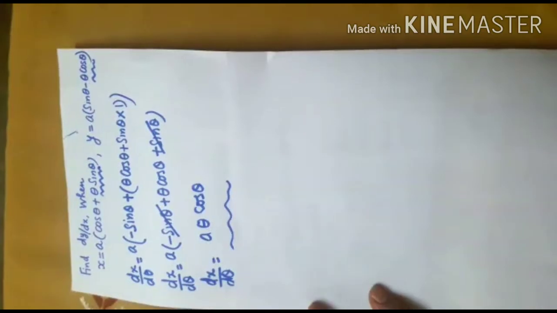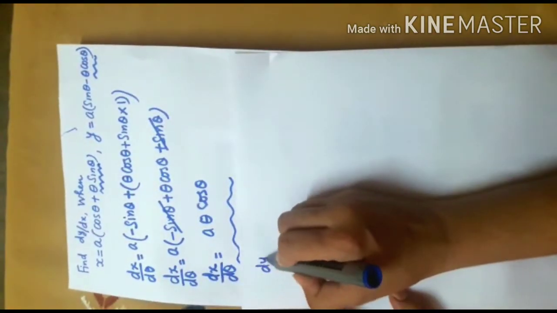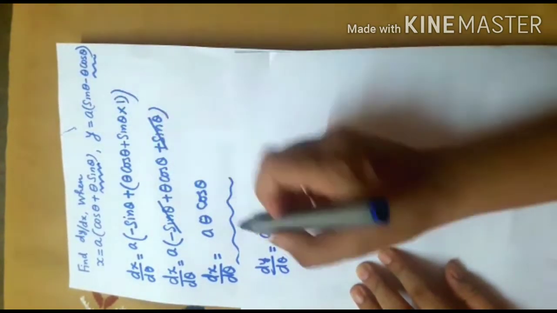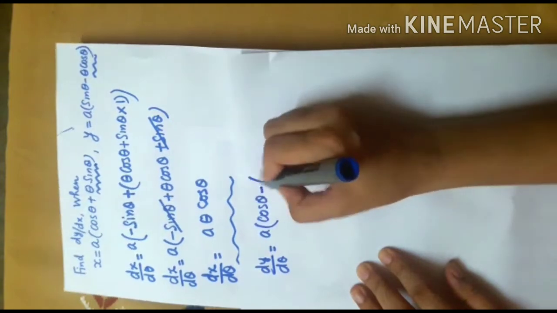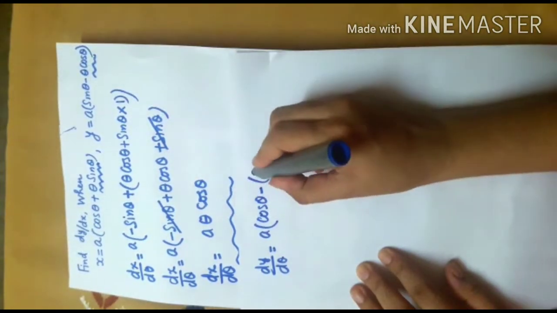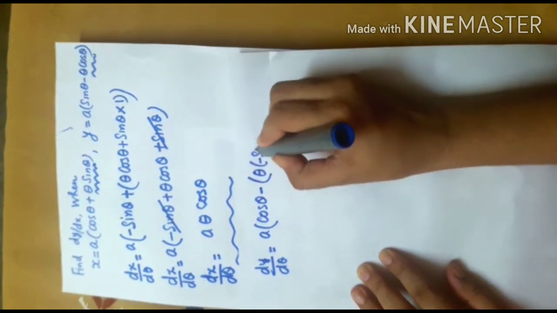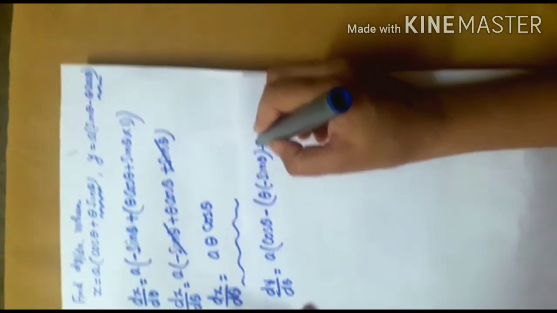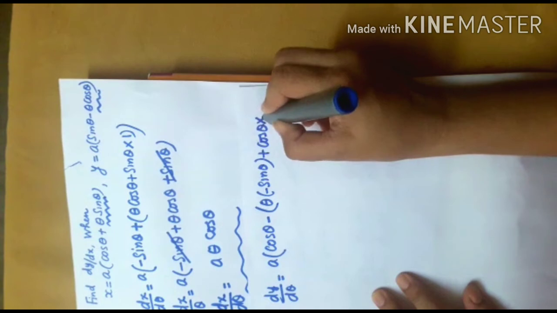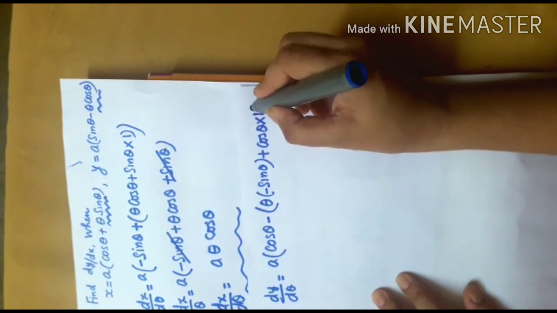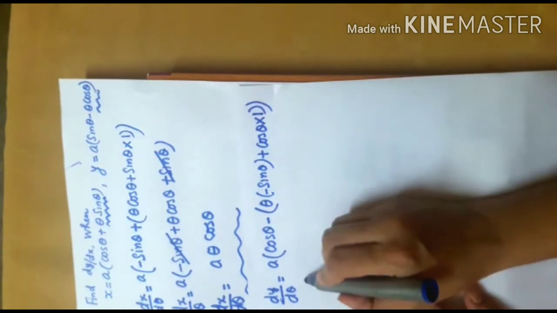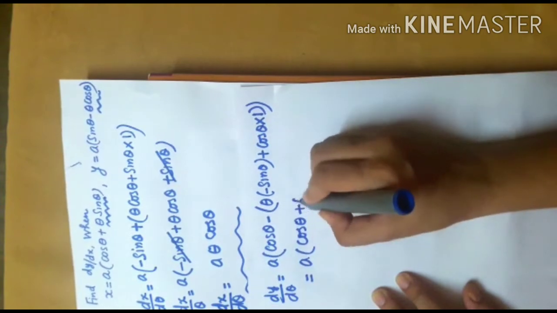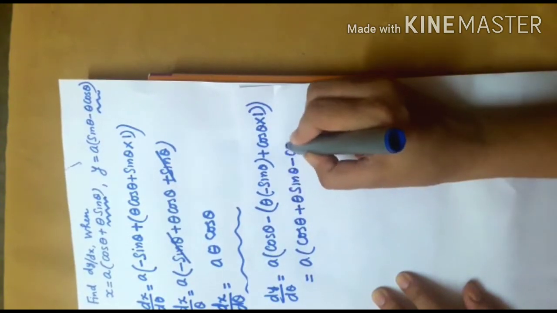Right? Now I will find the value of dy by d theta. So it will be a(derivative of sin theta is cos theta minus, I'll apply the product rule, first function that is theta, derivative of second is minus sin theta plus second function cos theta into derivative of first, which is 1). So this will be equal to a(cos theta, I'll open the bracket, minus theta sin theta minus cos theta).